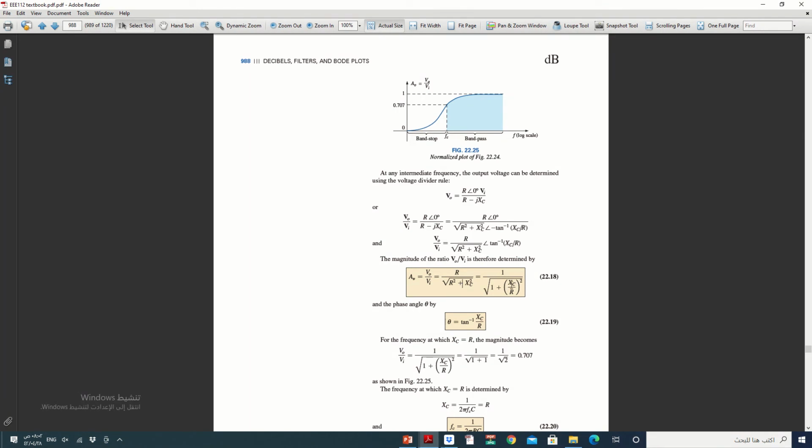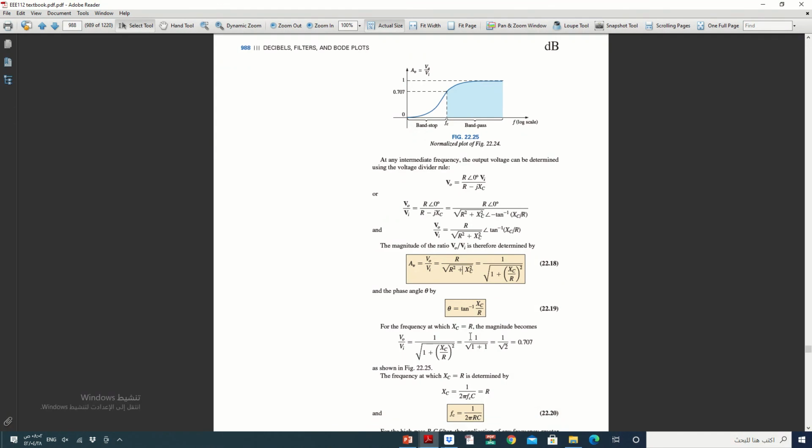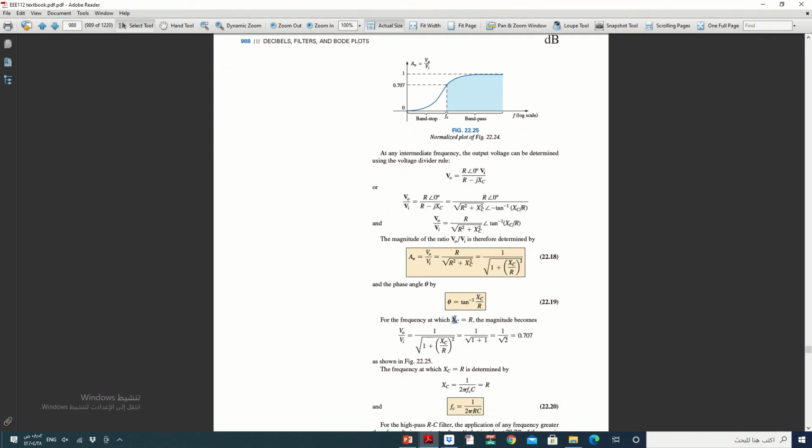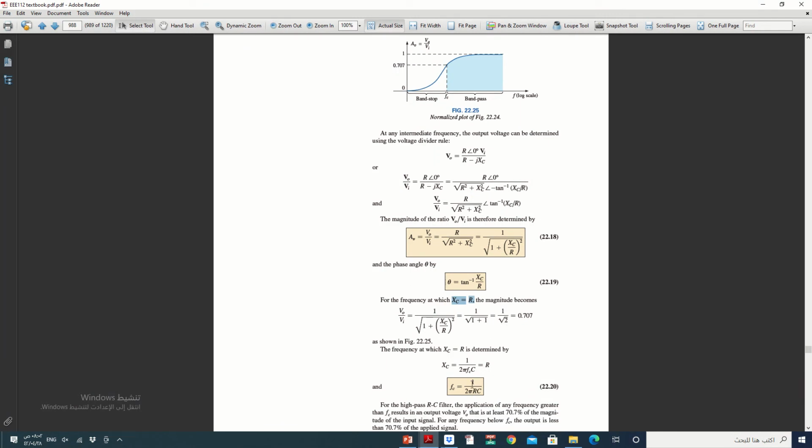For theta, it equals tan inverse XC over R. Now, for the special case XC equal R, which is the critical frequency or cutoff frequency, we will get the same thing, 0.707. And to find the cutoff frequency, it's the same formula, 1 over 2 pi RC.